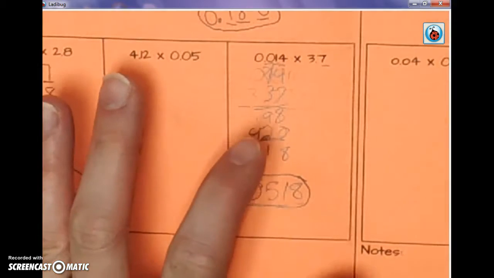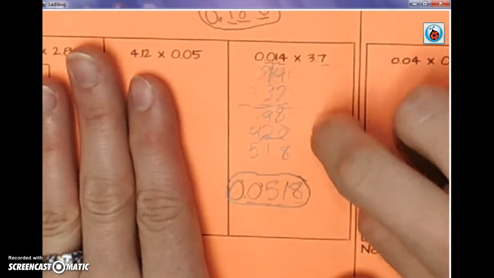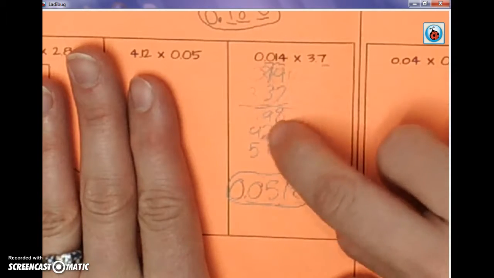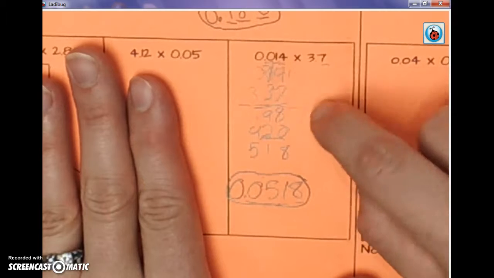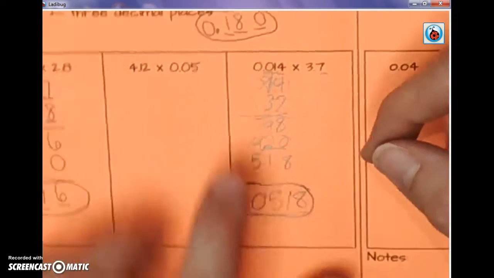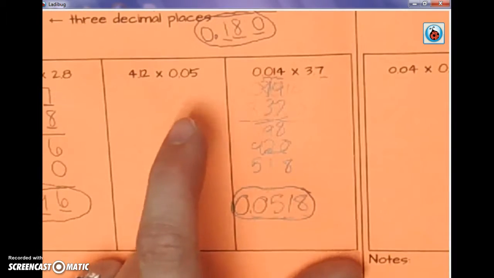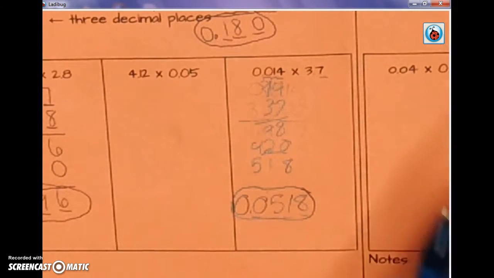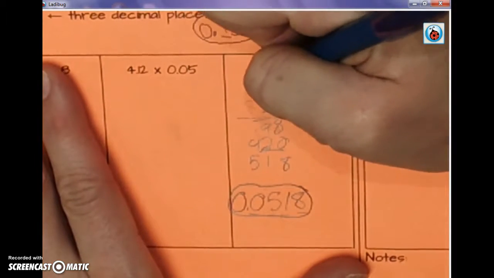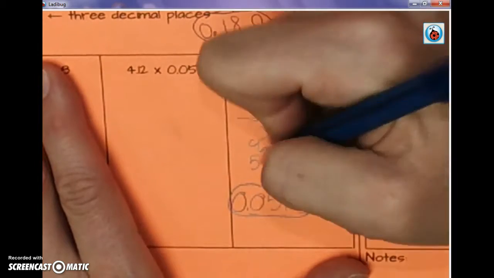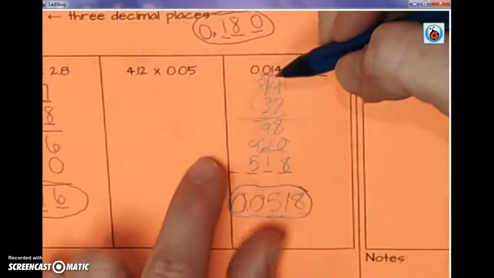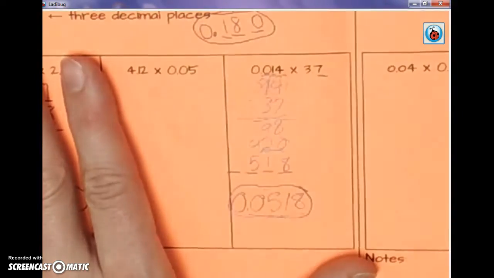So we got 28, 7, 8, 9, 0. 3 times 4 is 12, 3, 4, 8, 9, 10, 11. 4 plus 1 is 5. Then he just did 14 times 37, right? And then he went back up to the top. He went 1, 2, 3, 4. 1, 2, 3, 4. And he knew in that blank there was going to be a 0.